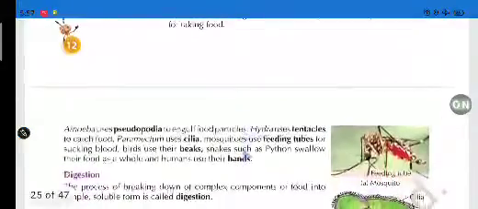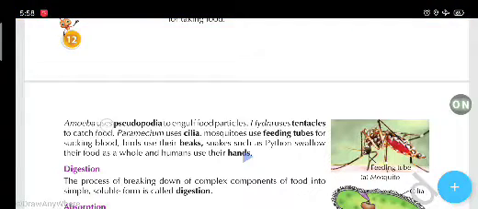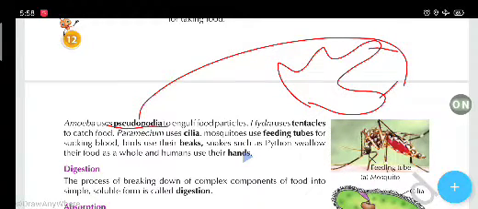Different animals have different structures for the ingestion process, like pseudopodia in amoeba. Pseudopodia means false feet; the amoeba has an irregular shape and can form these, and by pseudopodia it can engulf the food along with water droplets.